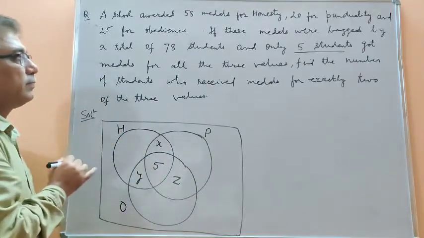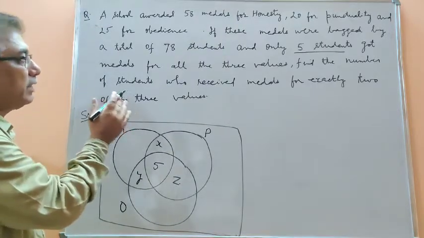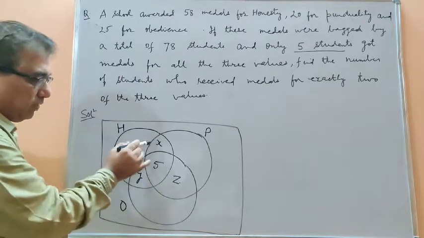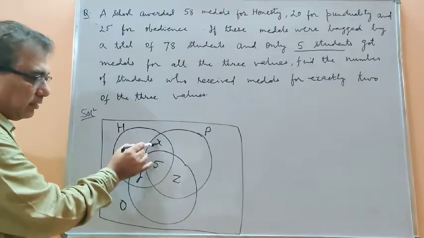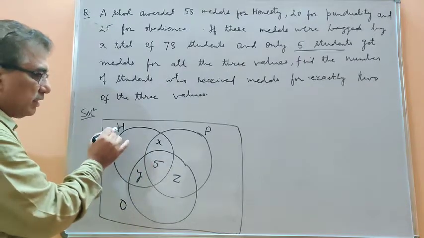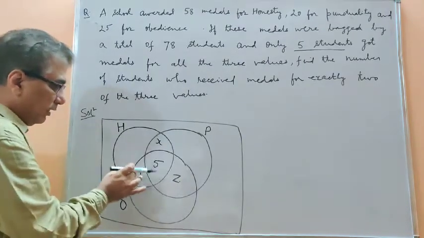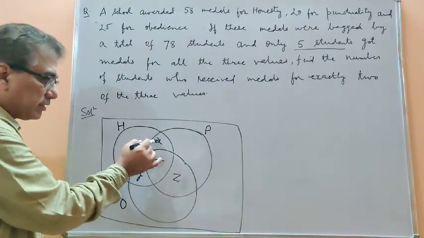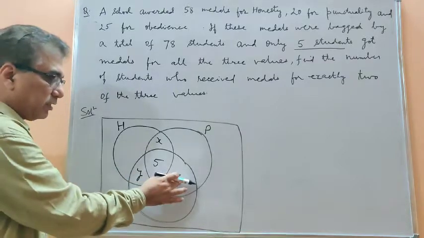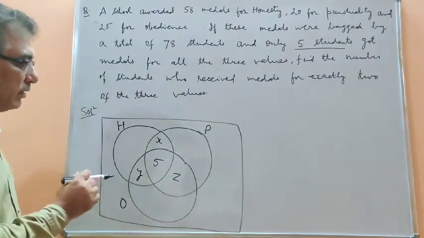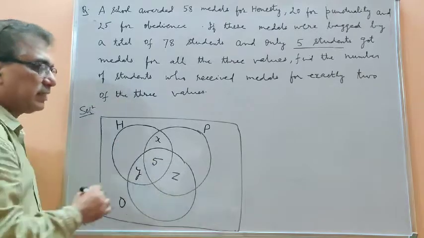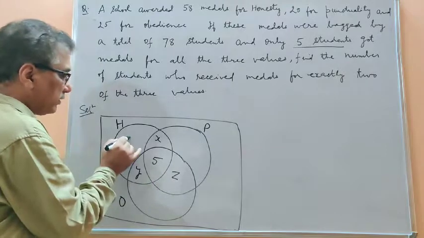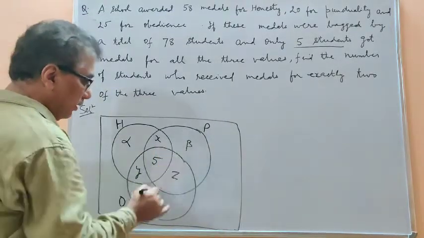Number of medals given for exactly 2 values. 2 values means it should be either X representing H and P only, Y, H and O only, and Z, P and O only. So we need to find this sum, X plus Y plus Z, because this number represents the rewards given for exactly 2 values. Now some more regions are left, so let us represent them by alpha, beta and gamma.